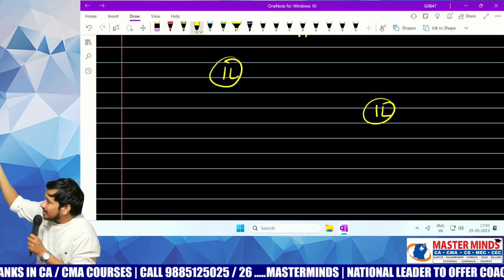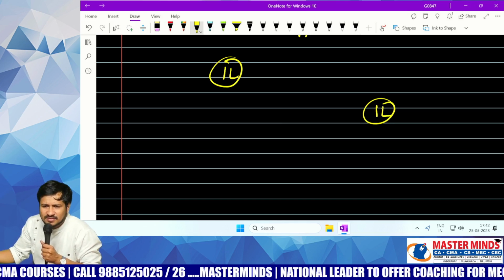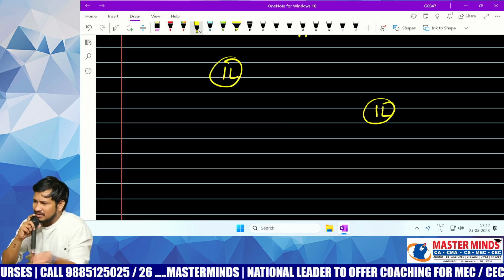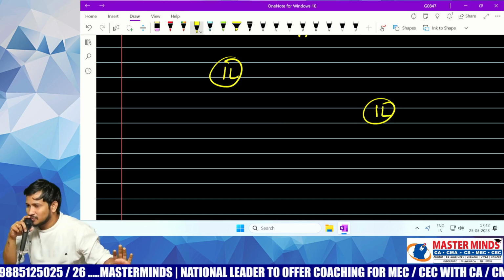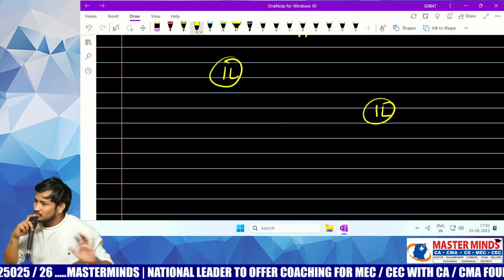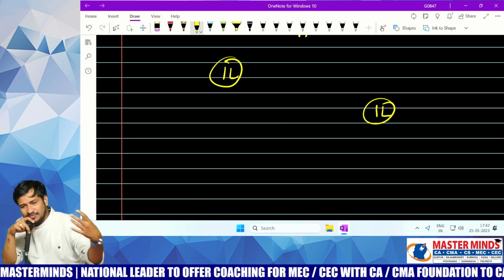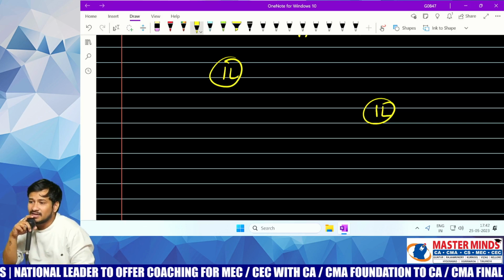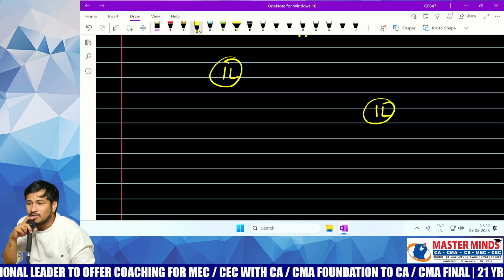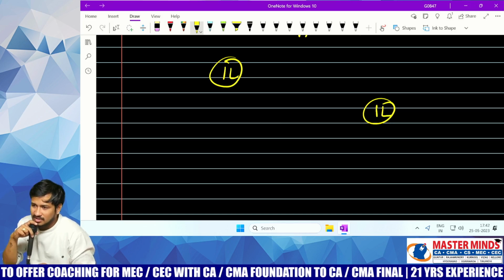This business had run this year and it has plenty of cash transactions, but even though opening and closing balance is one and the same, they would like to know how and why. Understood? So even though the opening balance is equal to closing balance, or if there is a difference between them, they would like to know why and how the opening balance had become closing balance. Understood, everybody?